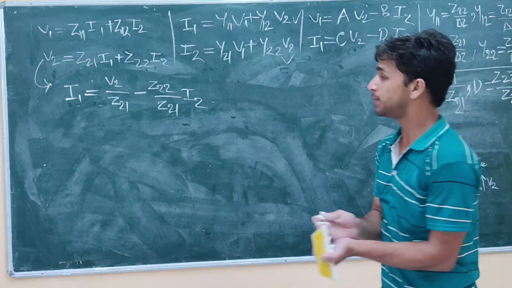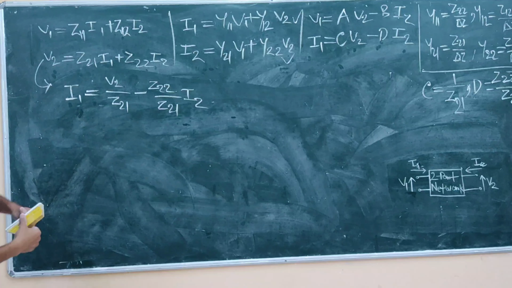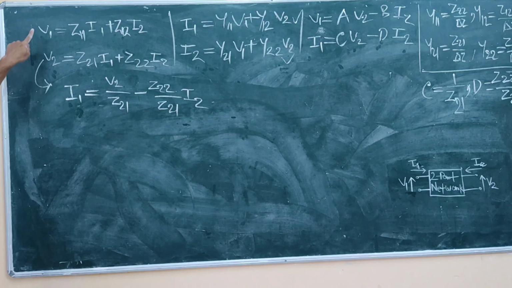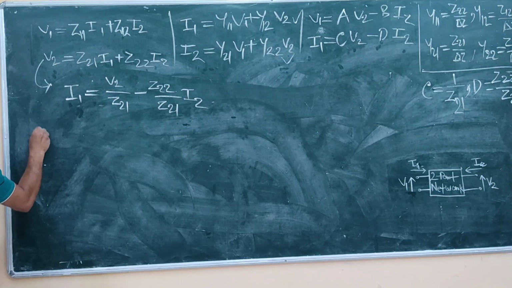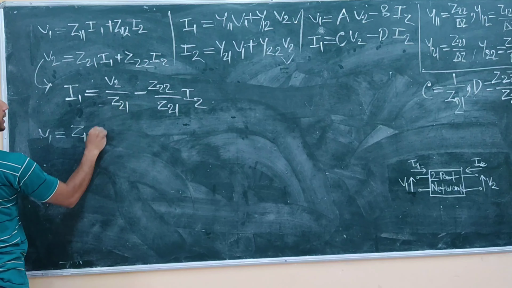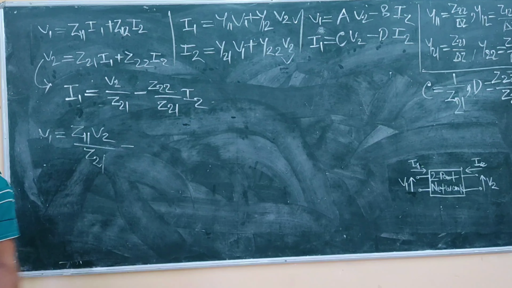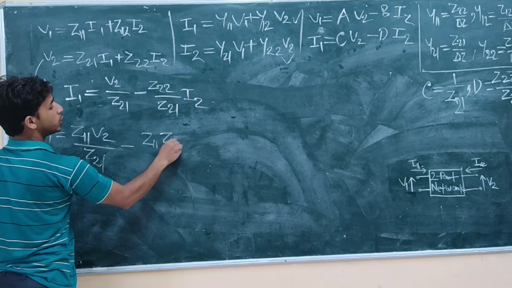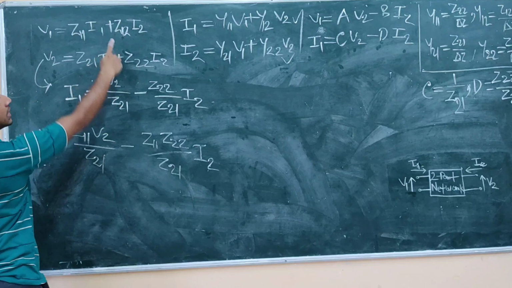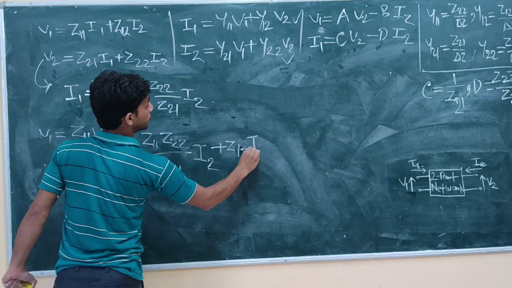Now to get the relation between A, B and the Z parameters, we have to put this I1 value in the V1 equation, because here we have V1. So let's put this I1 value in the V1 equation, and we have V1 equals Z11 times V2 divided by Z21 minus Z11 Z22 divided by Z21 I2, plus Z12 I2.